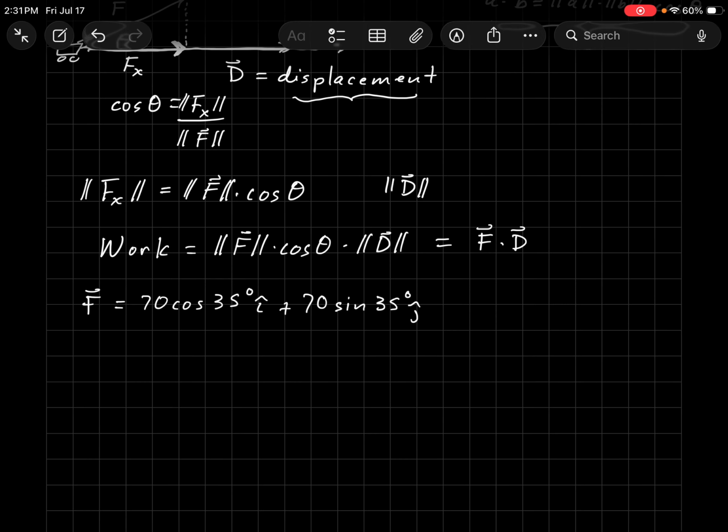So if we were to draw a picture, our force would be 70 newtons, and our angle would be 35 degrees. And let's assume we're going to pull in the x direction. So let's say our displacement is 100i plus 0j. So displacement only in the x direction.